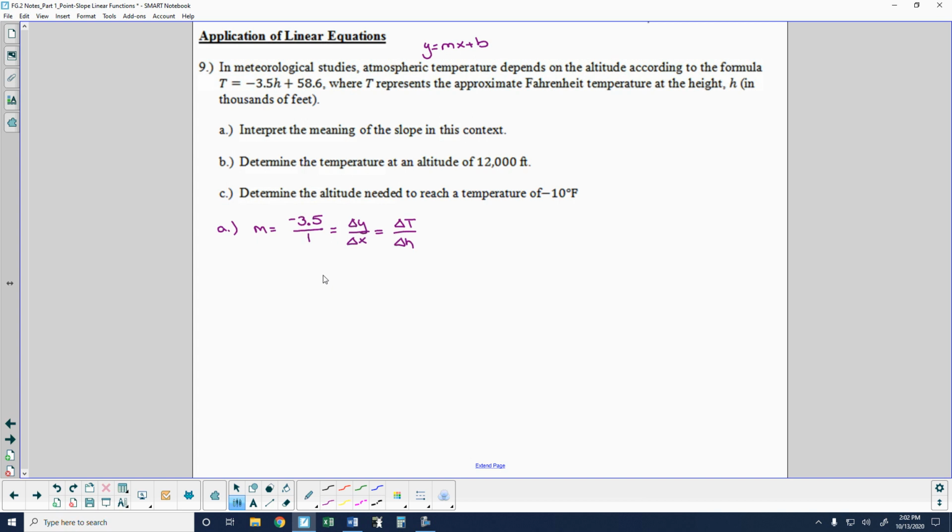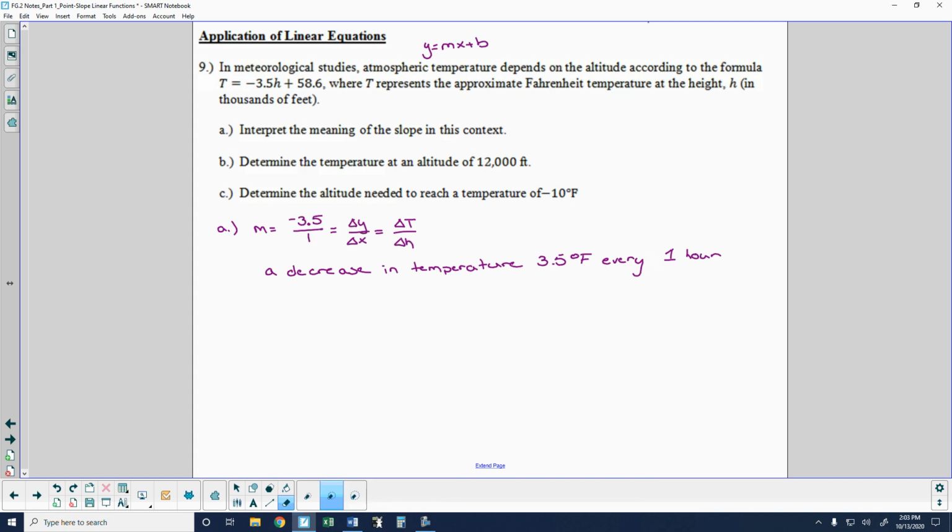So T represents the approximate Fahrenheit temperature. So what we're having is a drop or a decrease in the temperature by 3.5. And let's put in our units, degrees Fahrenheit, every 1 hour, or every time the hour increases.